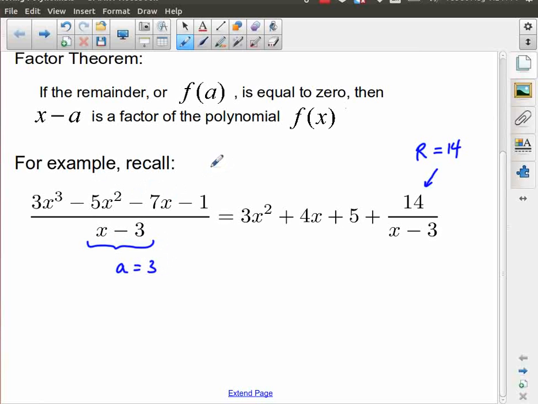So a is equal to 3. And then this piece here, that's my function of x that I'm going to be making use of.